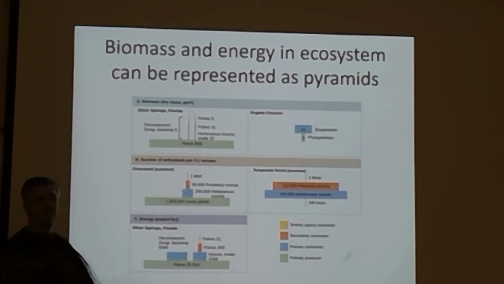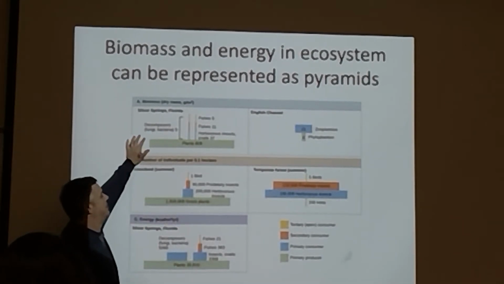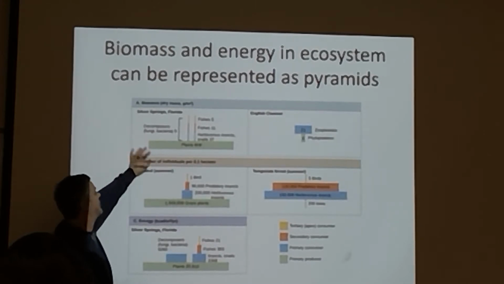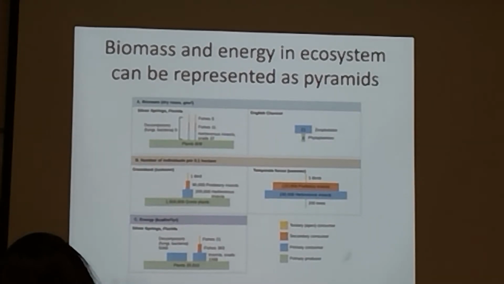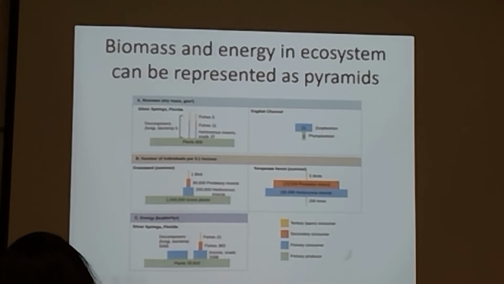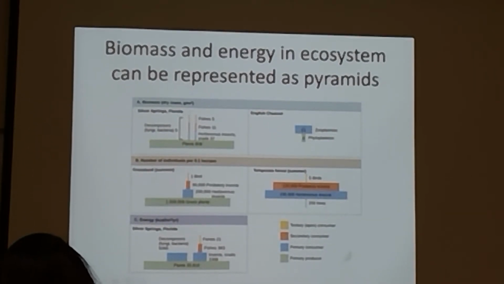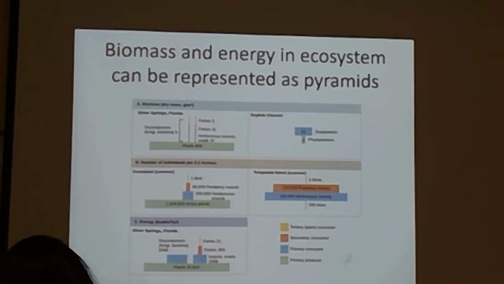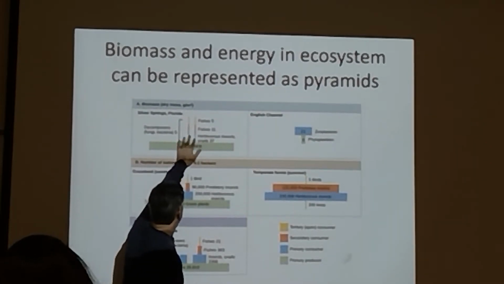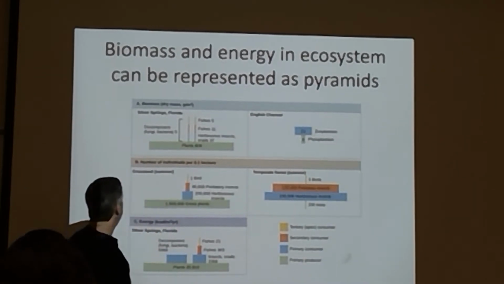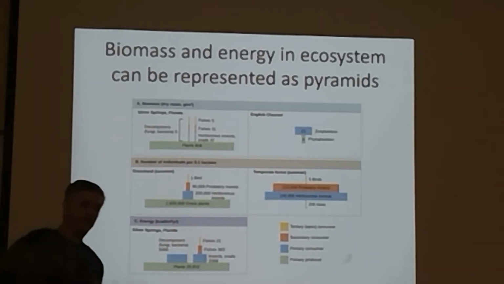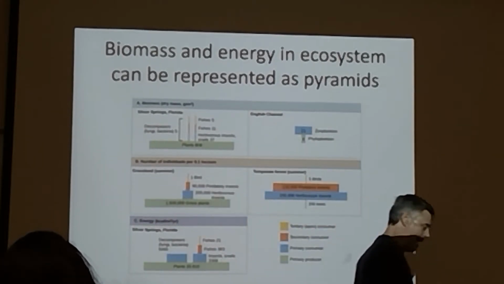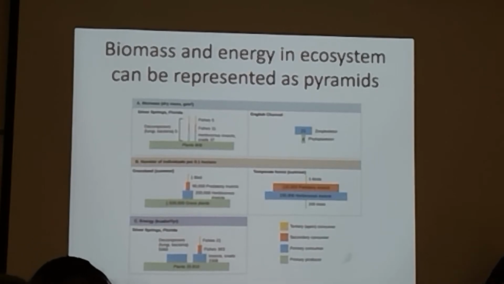We can contrast this energy pyramid with a biomass pyramid, represented up here. And a biomass pyramid looks more like some sort of summertime lawn game than an actual pyramid. Seems a little awful skinny. The idea here is we're looking at the amount of biomass present on a per area basis.